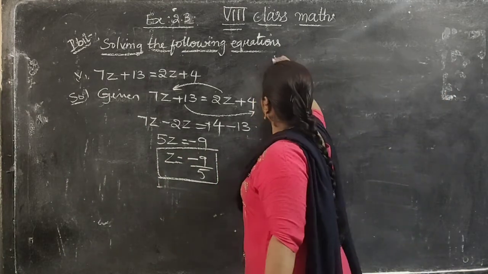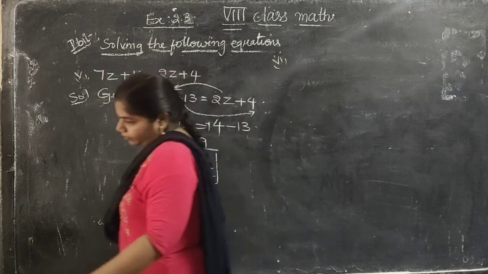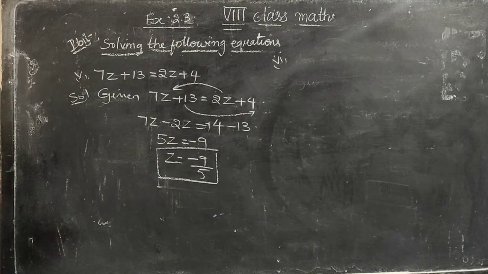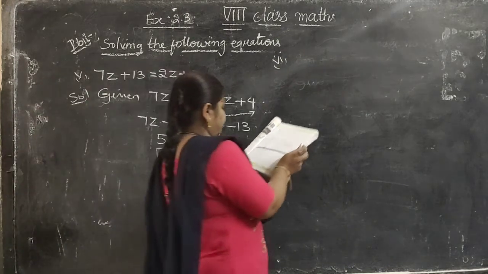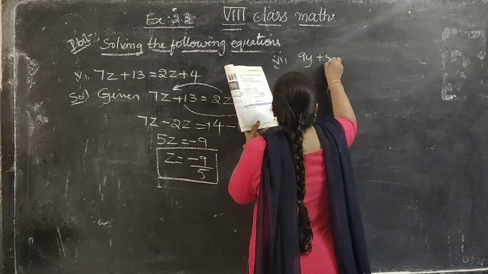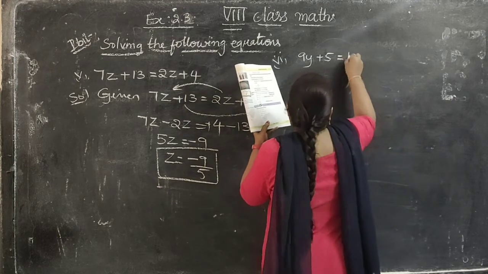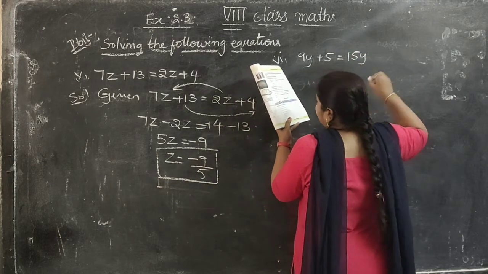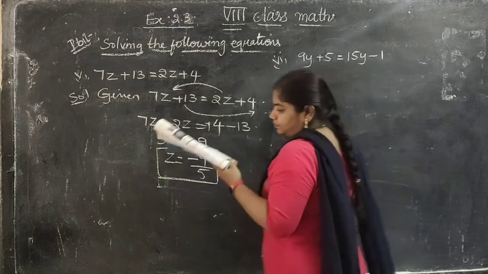Next one. 9y plus 5 is equal to 15y minus 1.